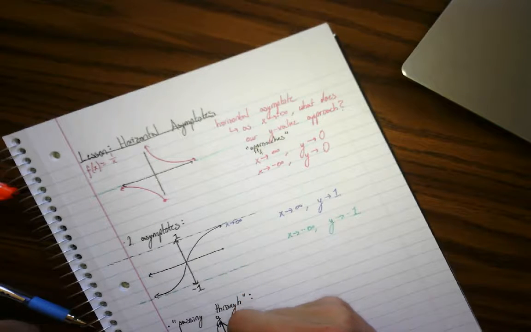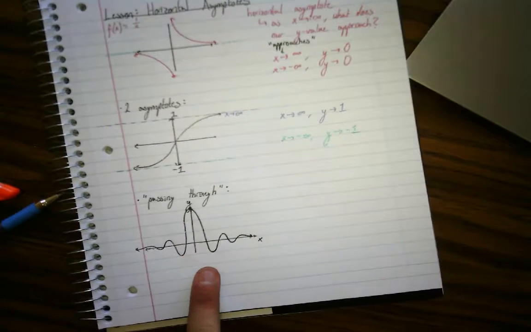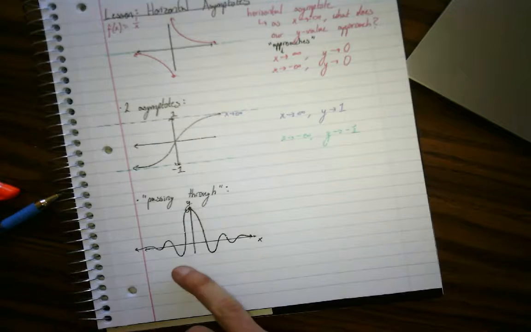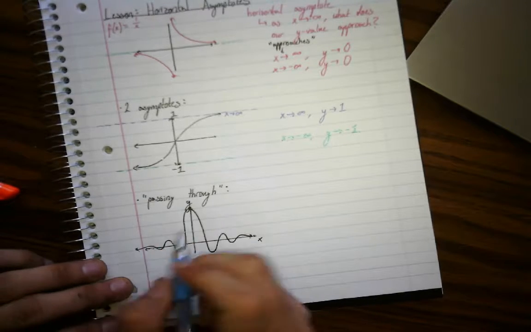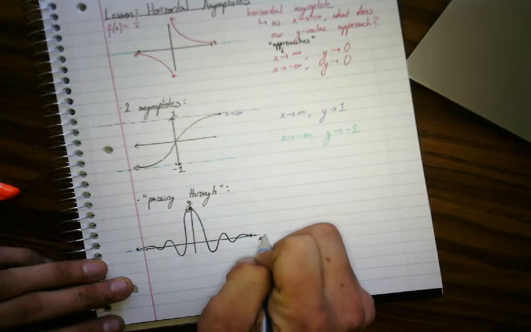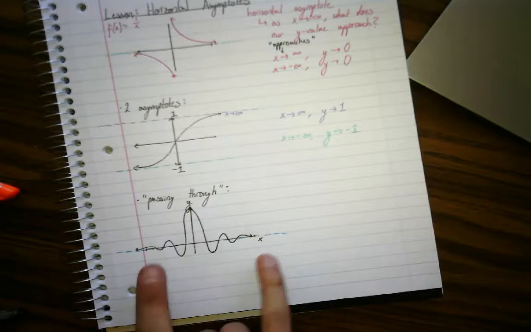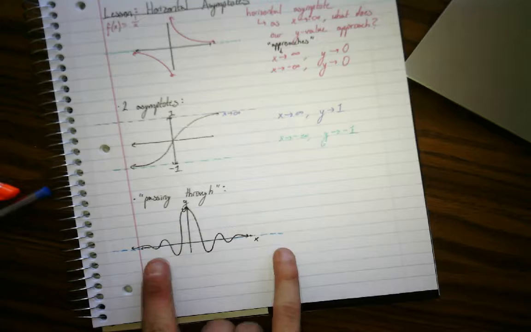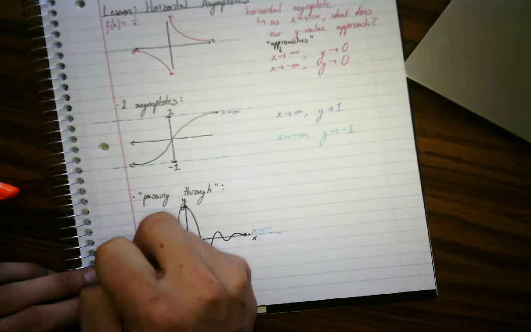In the same way, it does the same thing over here. So if we're looking at something like this, we can see that it's going back and forth across the x-axis, but at the end of the day, we're still approaching that y equals 0 asymptote as our x goes towards +infinity and as our x goes towards -infinity.